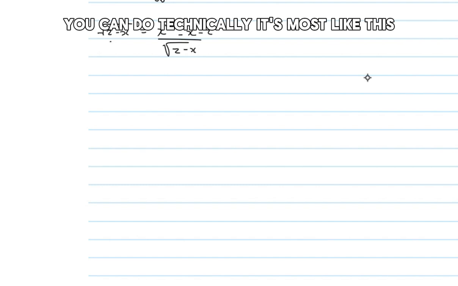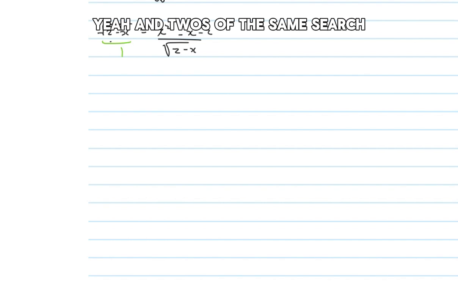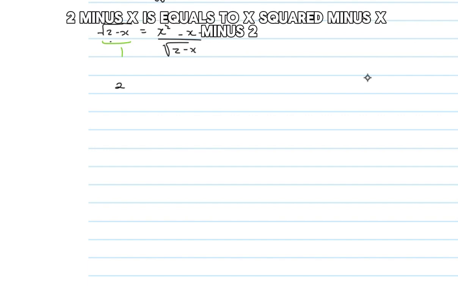Alright, so what you can do here is cross multiplication. Yeah? And two of the same surds multiplied with each other is just going to be what? 2 minus x is equal to x squared minus x minus 2.